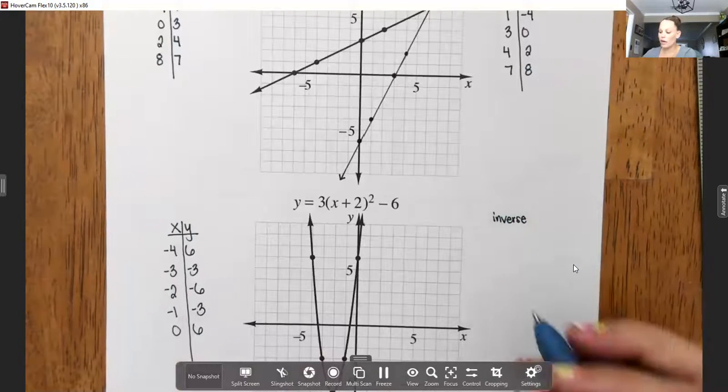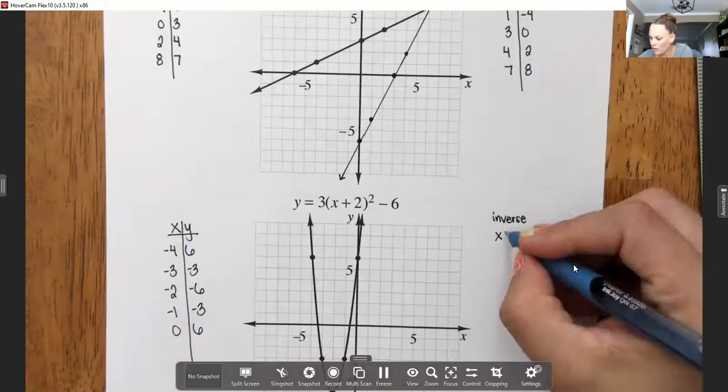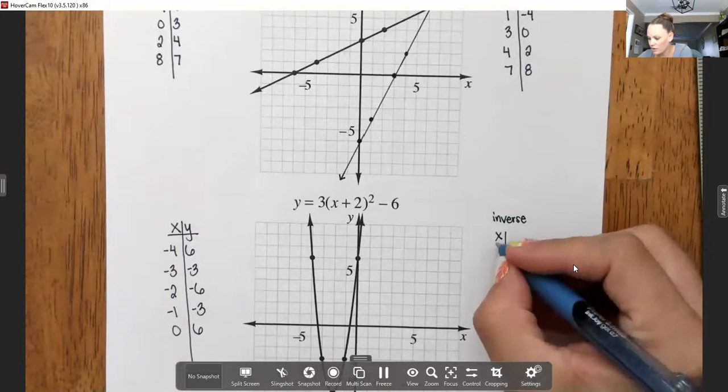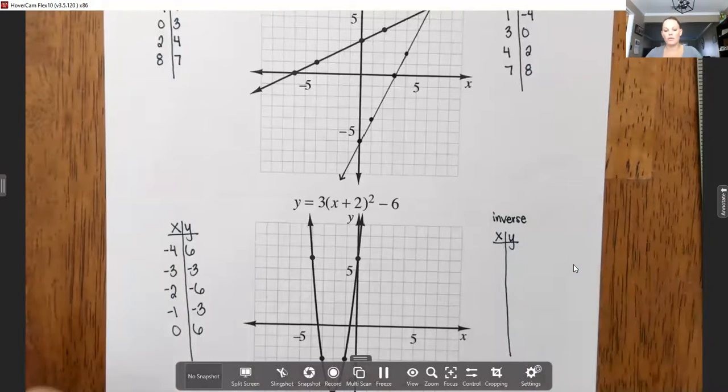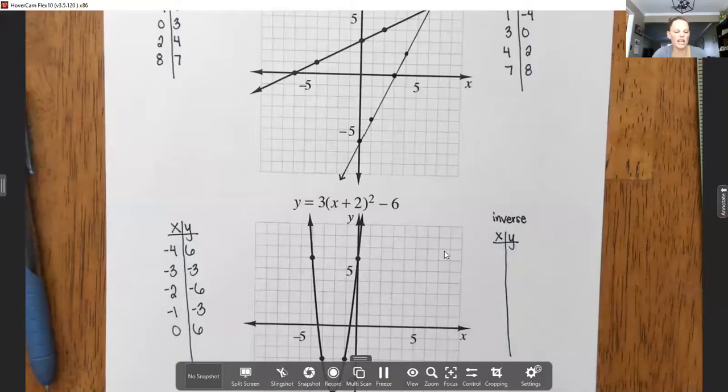So see if you can make the table for the inverse and then also sketch that graph. I'm going to give you, I don't know, 30 seconds to a minute to try to get that going.